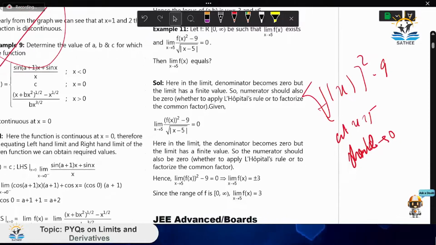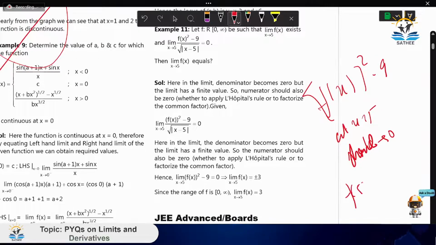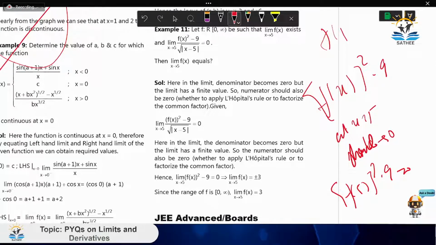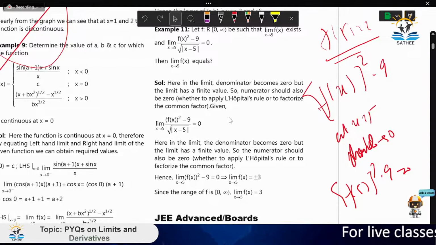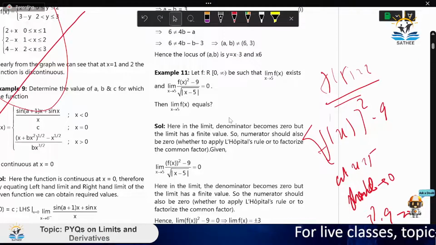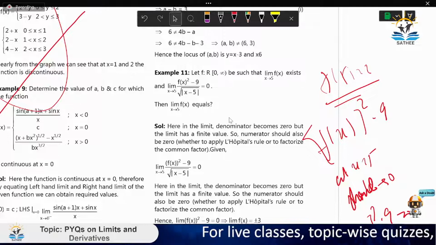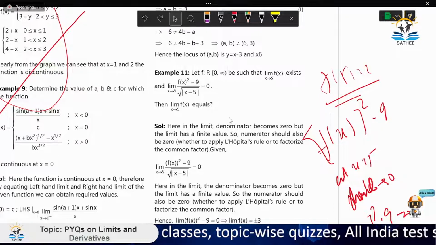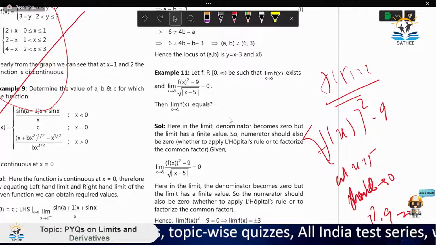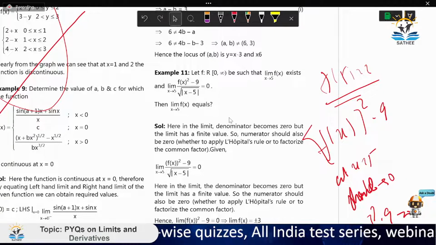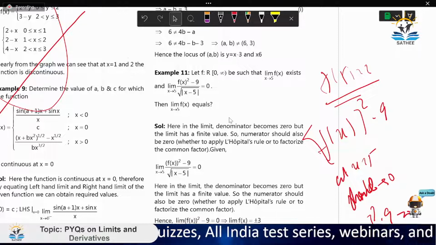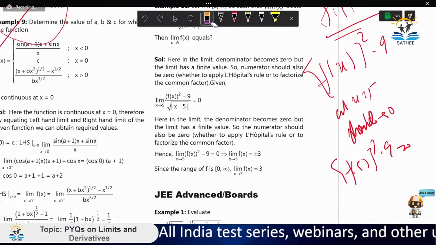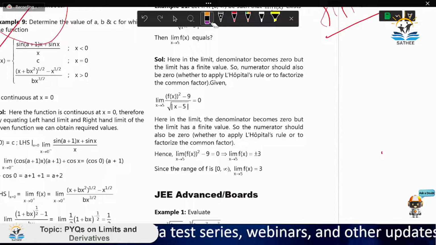By that I mean f of 5 whole square minus 9 should be equal to 0. So f of 5 should be equal to plus or minus 3. And we know that it was range. Sorry, my bad, guys. If it had been written D, it would have been a domain side, but since it was written R, it was the range. Since the range of f is positive, we'll omit the other solution of minus 3 and take it as plus 3. Let's move to the next part.